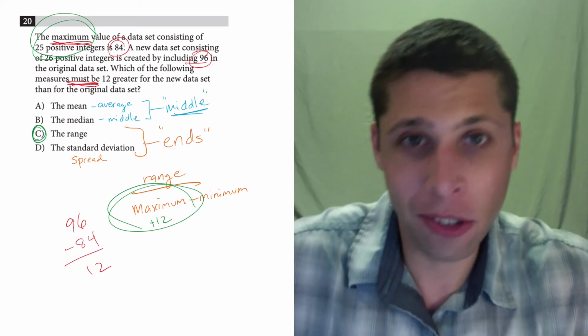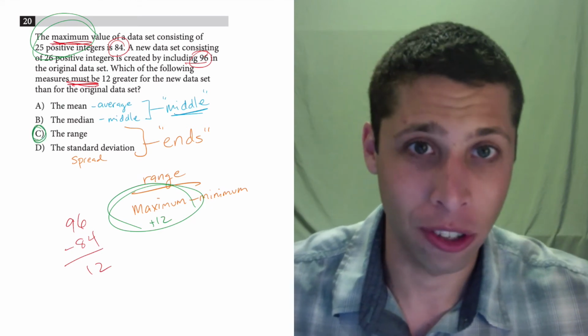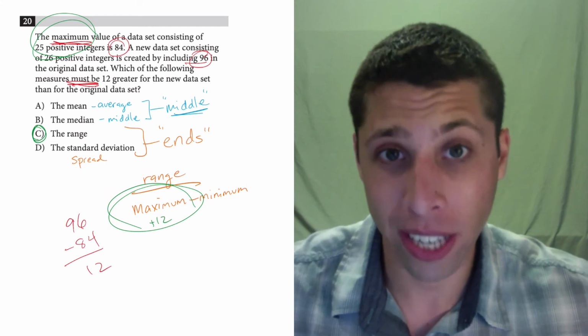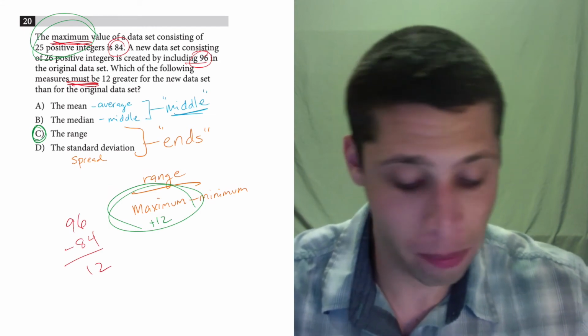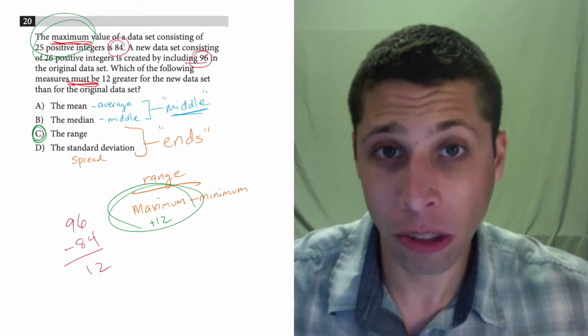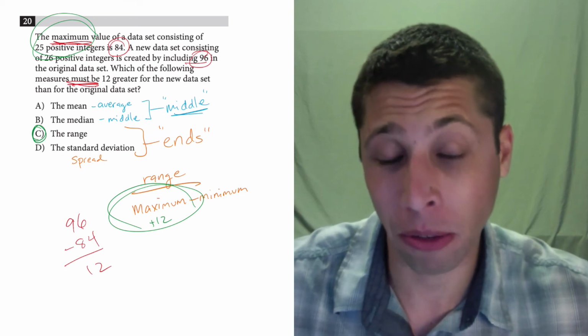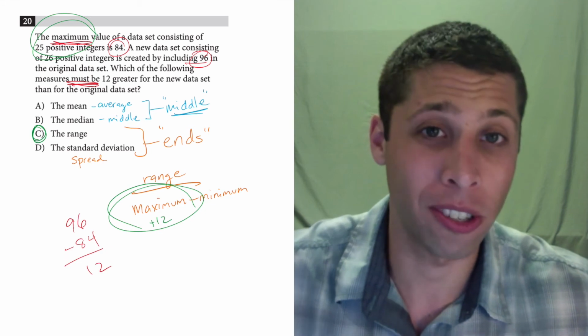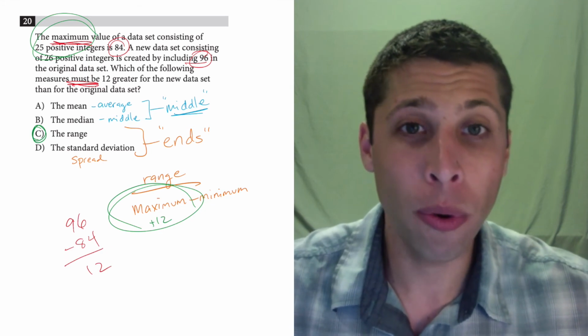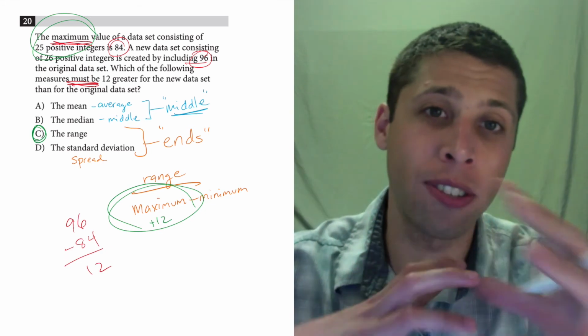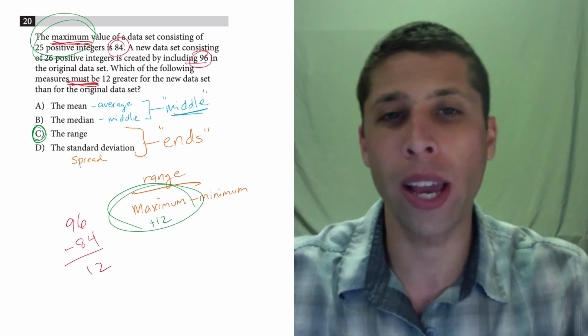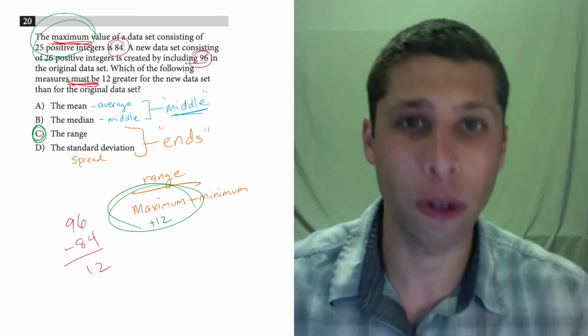So this is one way to think about a lot of statistics questions, is to associate different words together. Range goes with maximum and minimum. So if a question about statistics is talking about maximums and minimums, it's just talking about the range using different words, using different language. So you want to draw those connections and group these words in ways that will help you very quickly notice what's going on.